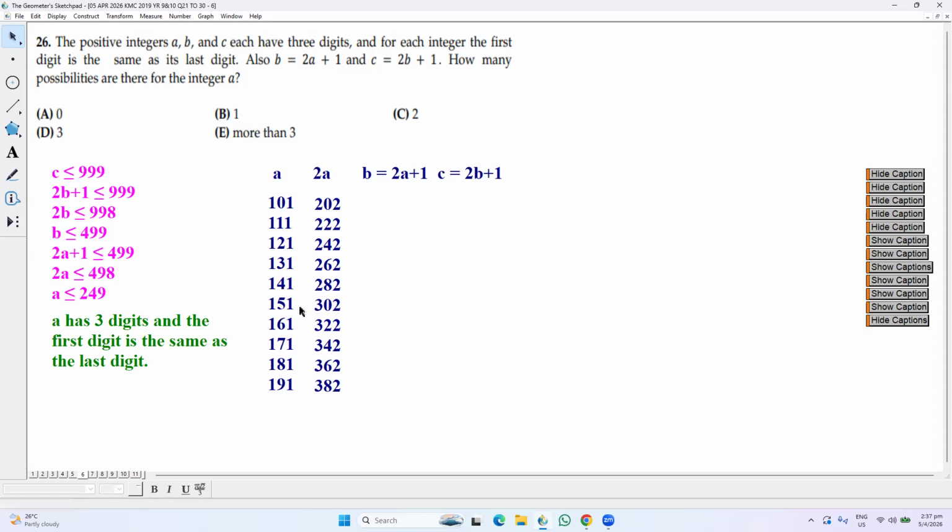But with 151, the first digit becomes 3. We know that we must add 1. So we only consider those that have carry forward one, so that when you add 1, the last digit will be the same as the first digit.